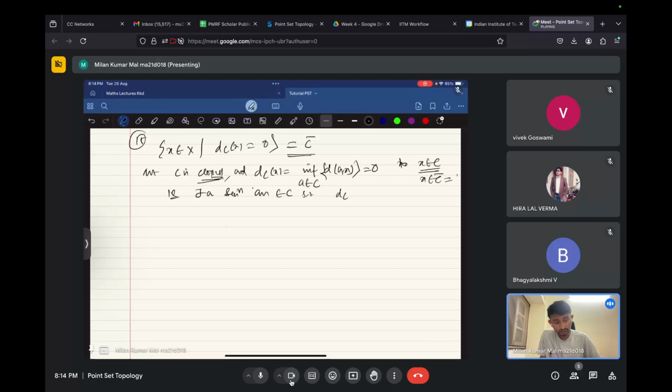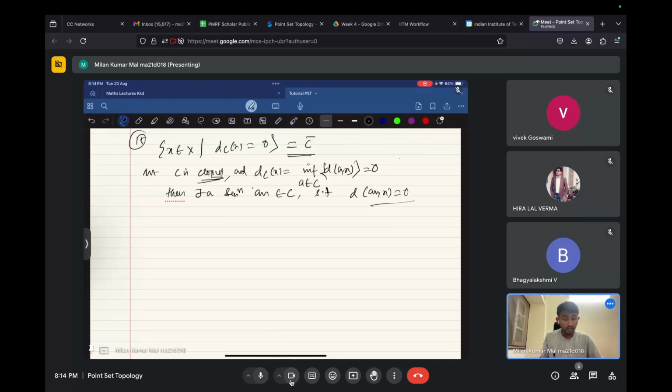Now if this is equal to 0, then there exists a sequence a_n coming from C such that d of a_n, x is equal to 0. This is the definition of infimum or supremum.